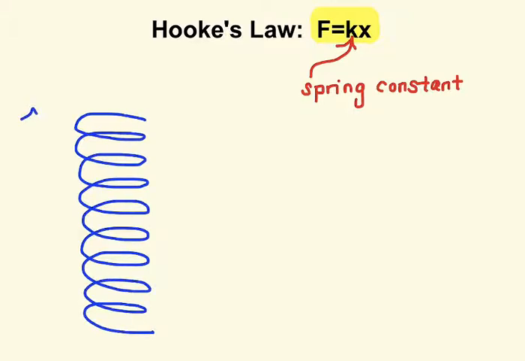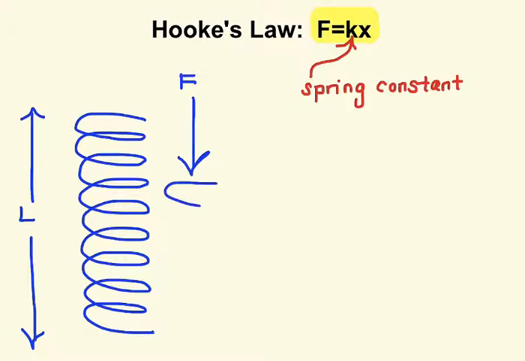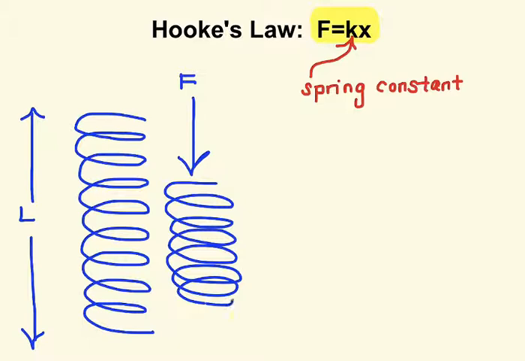And it has a certain length, and we'll call that length L. And if we apply a force on that spring, so that our spring is now compressed, so the coils are going to be tighter, we've compressed it, and we required a force to compress that spring. And the distance that we compress the spring, we call that x.